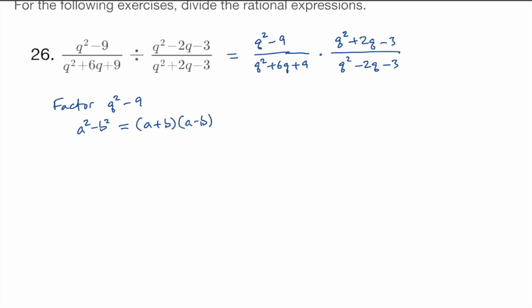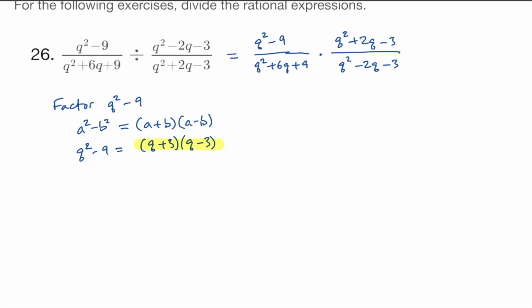Okay, so q squared minus 9 is q plus 3 times q minus 3. All right, and so let's highlight. So there's one of the four.